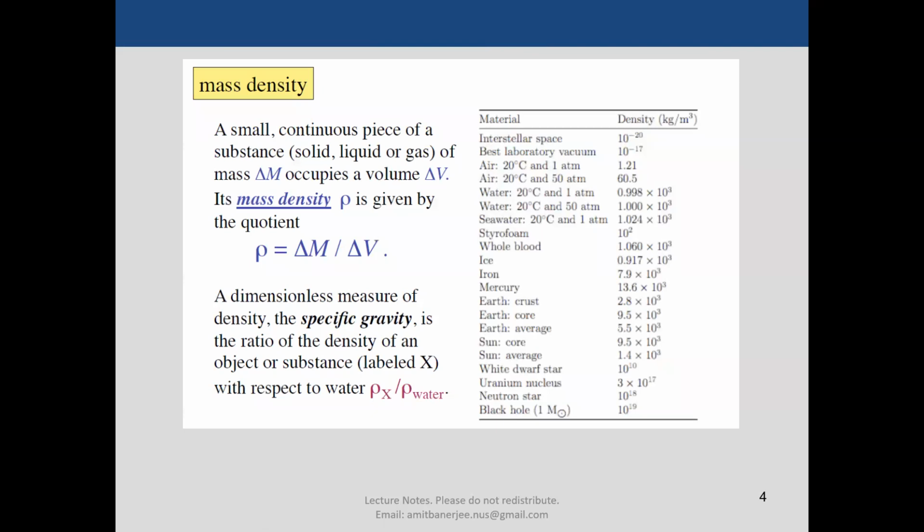Whereas mass density is given by delta m by delta v, where if you have any substance like solid, liquid, or gas of mass m occupying a volume of delta v, then delta m by delta v is the mass density. And in many of the cases, this is what will be used in this chapter for mathematical and numerical calculations.